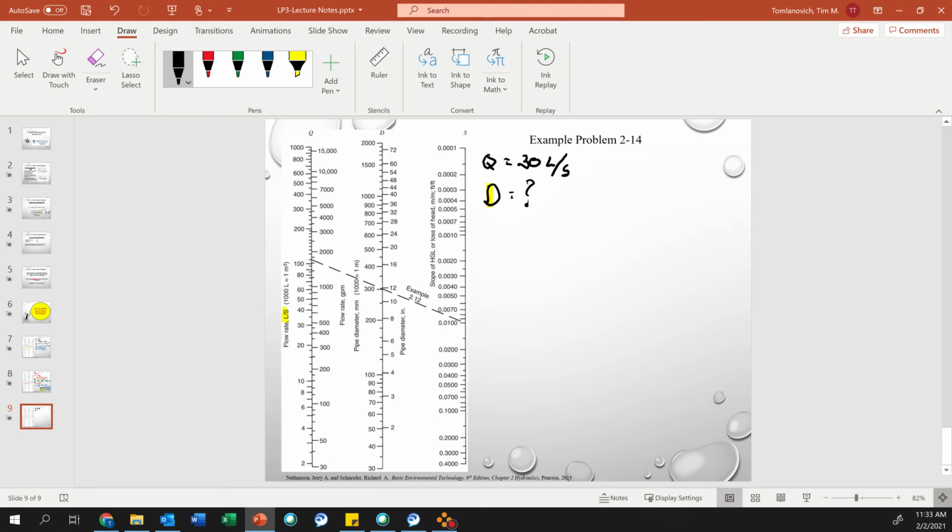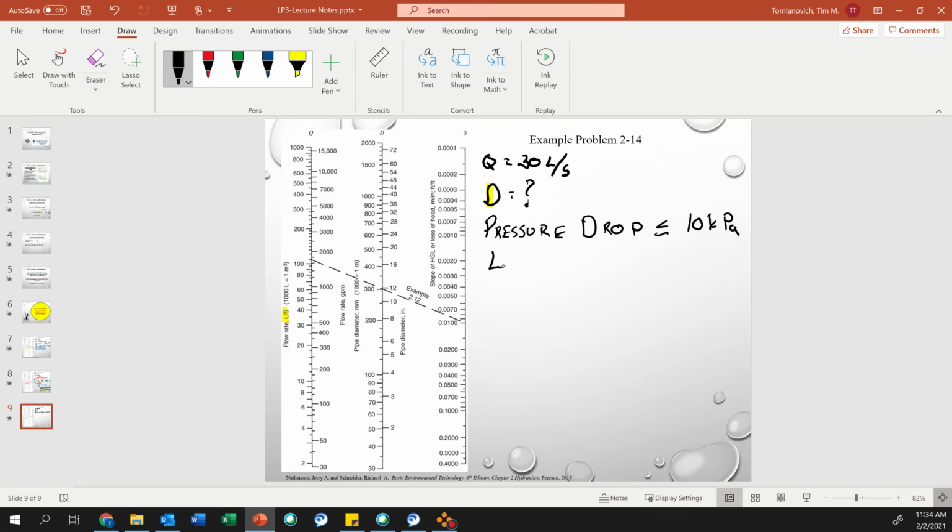All right. So, pressure drop. Causing a pressure drop no more than 10 kPa per kilometer. 10 kPa per kilometer.